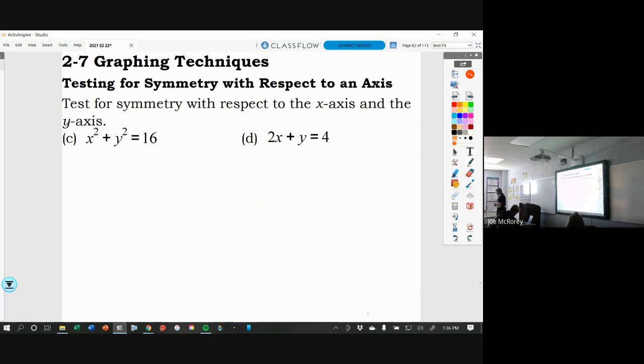There's C and D. Testing for symmetry with respect to the x-axis. Part C. X-axis symmetry. Replace y with negative y. Simplify. What do you get? Symmetric. You get the same thing you started with.